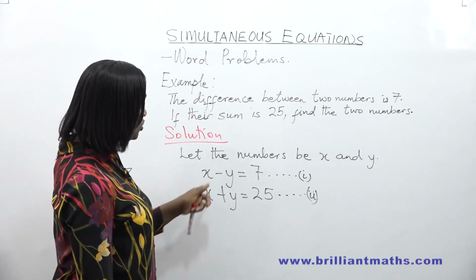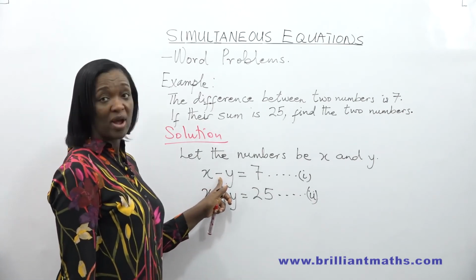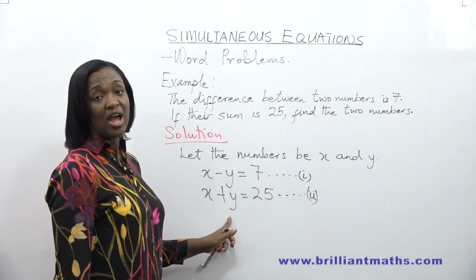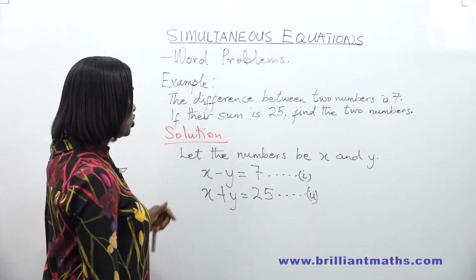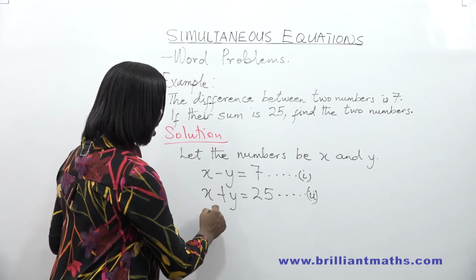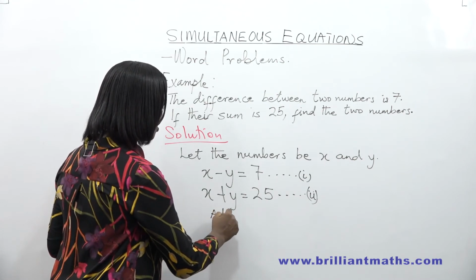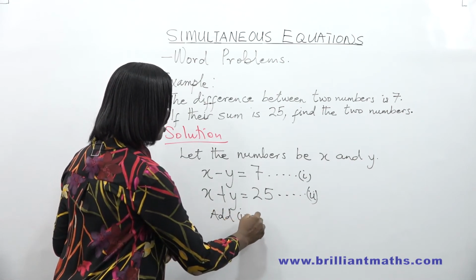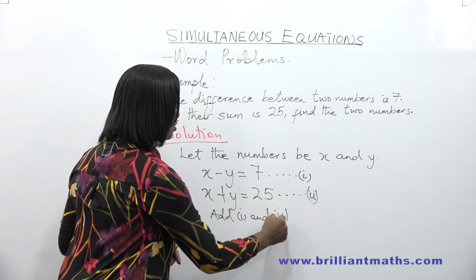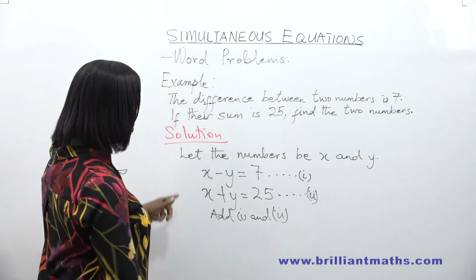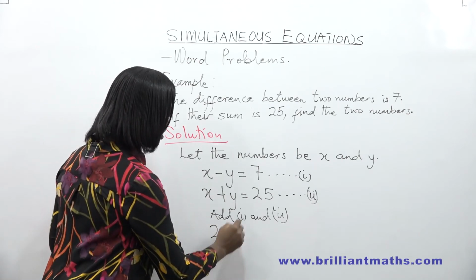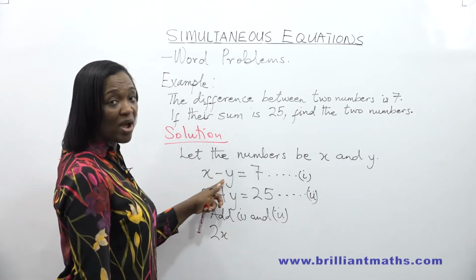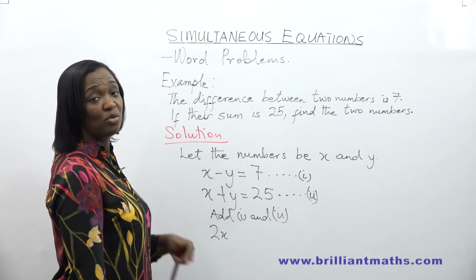In this case, because y is negative in equation 1 and positive in equation 2, I would like to eliminate y by adding equation 1 and 2. If I add 1 and 2, I have x plus x, that will give me 2x, minus y plus y will be 0.